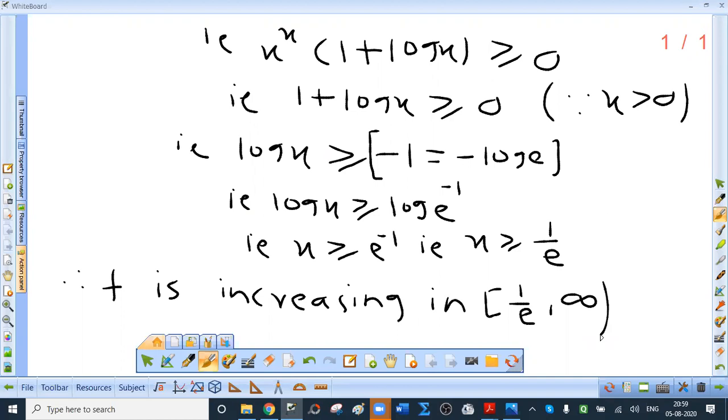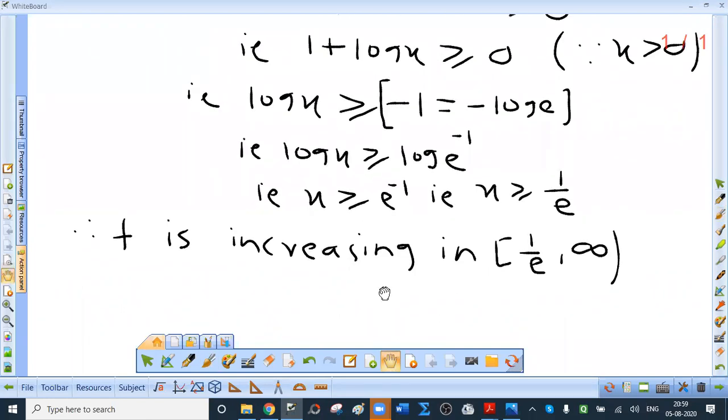Semi-closed, because infinity can never belong to this. Simple. Actually, we need not solve for decreasing. Just by considering the number line, we can write the answer, but it is better that we actually write that.